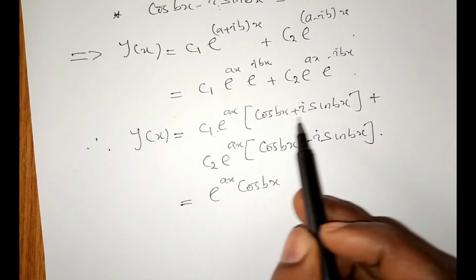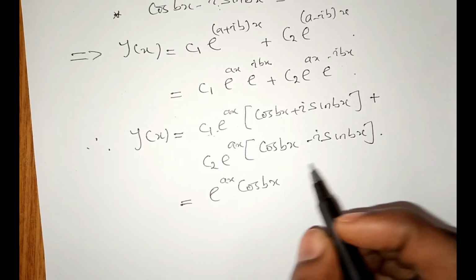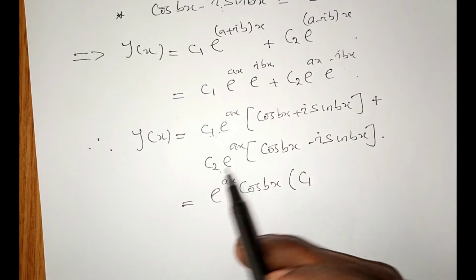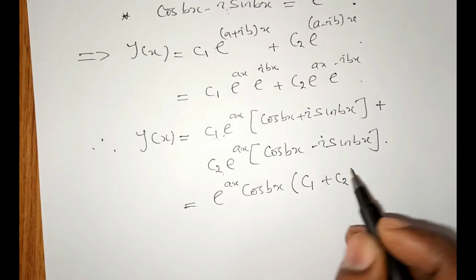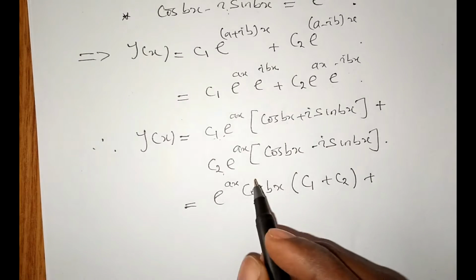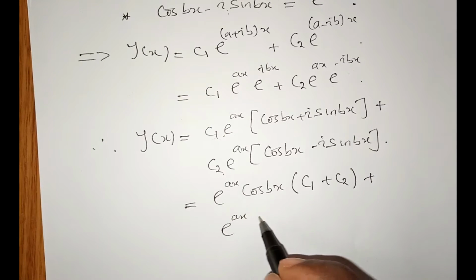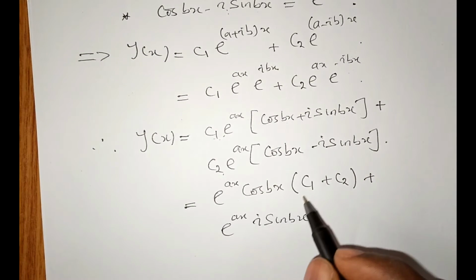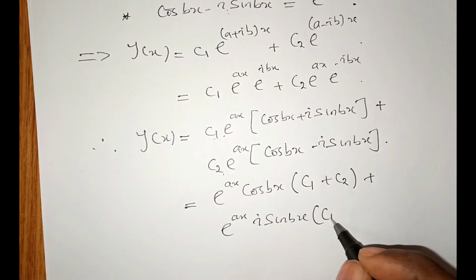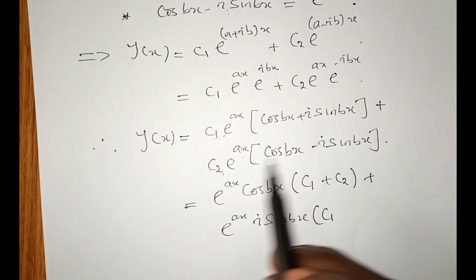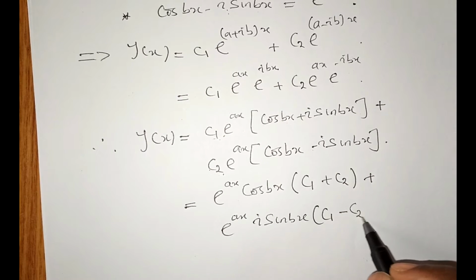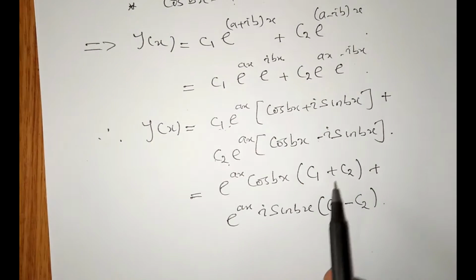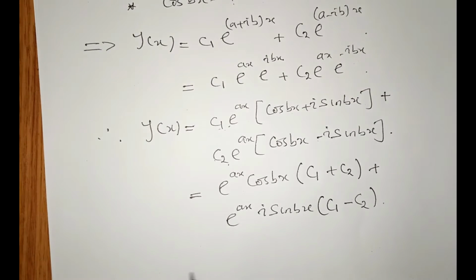Then what's left here is c1 for the cos, and what's left here is plus c2, then plus also exponential ax and i sin bx is common. Then what's left here is c1, and what's left here is minus c2. Okay, so if we expand this bracket we will get this.